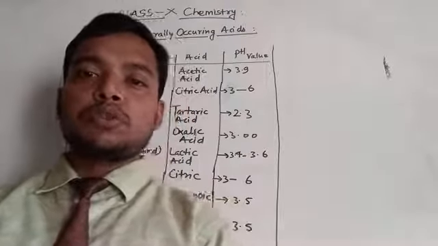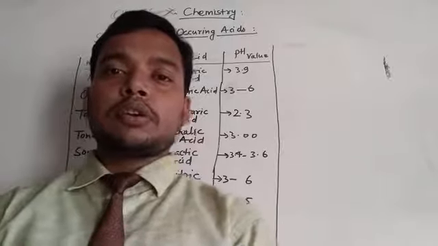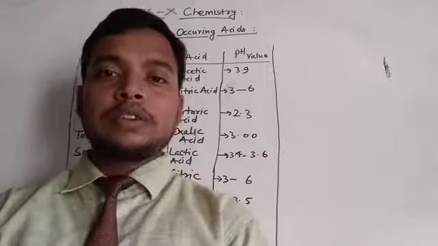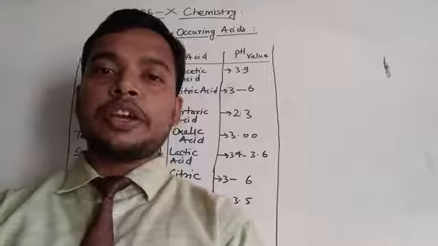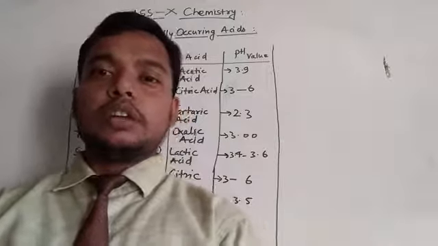This process, decreasing the concentration of H plus ions in an acid or decreasing the concentration of OH minus ions in a base, is called dilution.